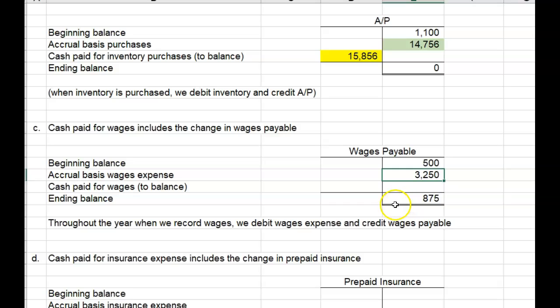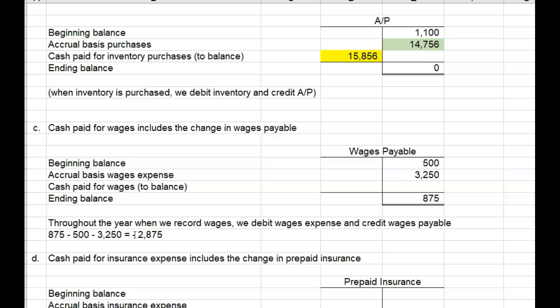Now, our T account is out of balance. $500 credit plus $3,250 credit minus something will equal $875 credit balance at the end of the year. To do the math on that, we can back into the number. 875 credit, subtract $500 credit, subtract 3,250 credit, and that leaves a negative 2,875.